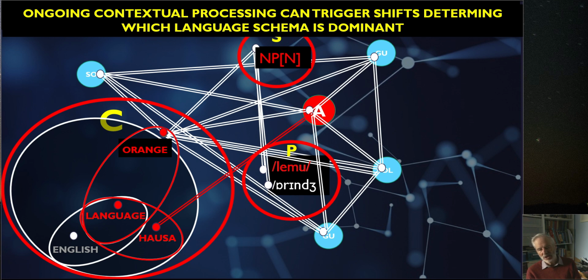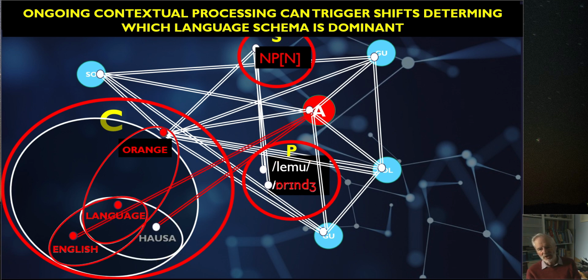So this part of the schema has an extra boost, which ensures that if Hausa is valued at this particular moment in time, you will be chatting away in Hausa.